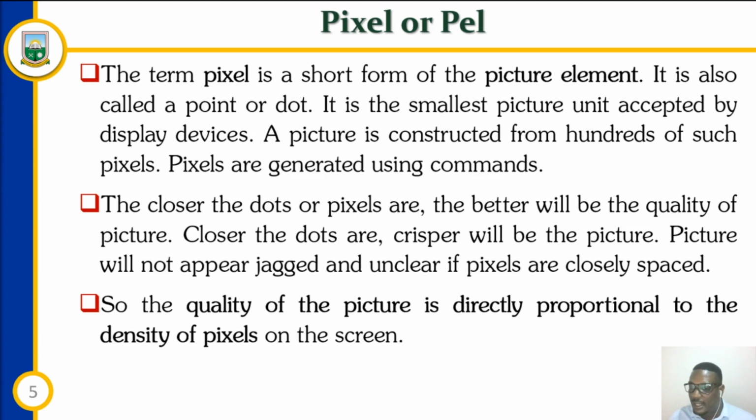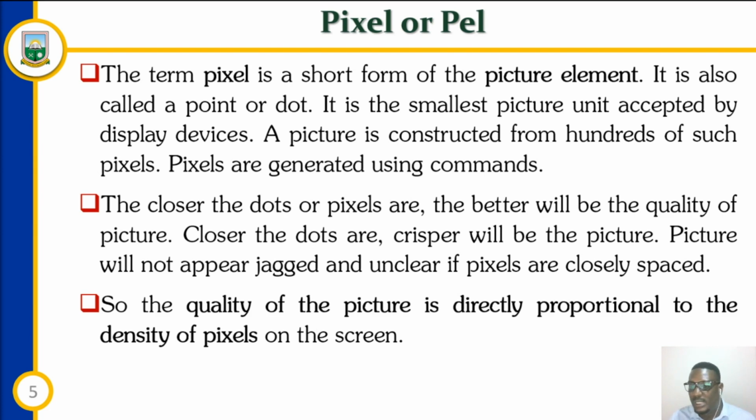Now, you should also know that the quality of a picture generally is directly proportional to the density of the pixels on the screen. So if we have a very good picture, then it's very likely that we have a lot of pixels coming together to form this quality.